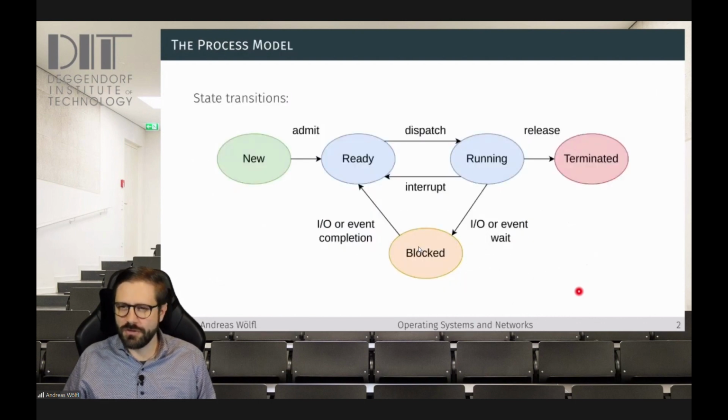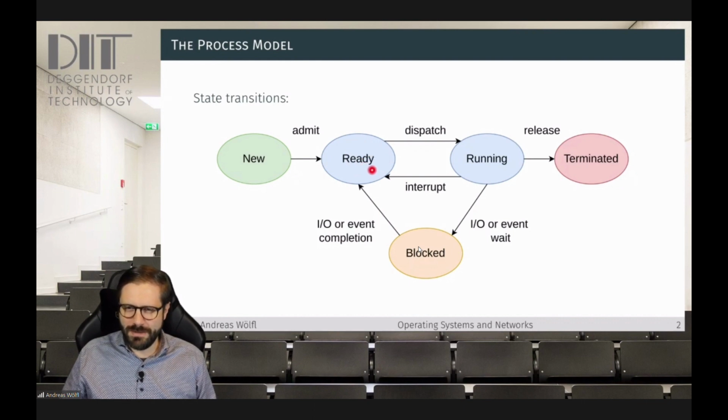The state transitions are shown here. Whenever a process is initiated, so if you double click on a shortcut on the desktop, for example, then the process starts anew and then the loading phase begins. All the instructions are loaded from disk into memory until the process is ready.